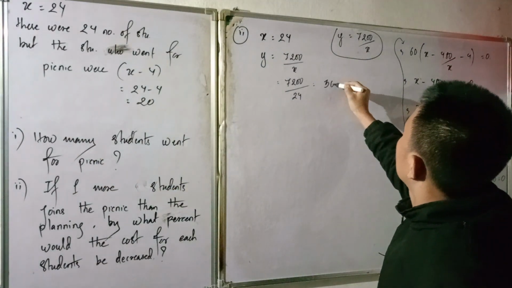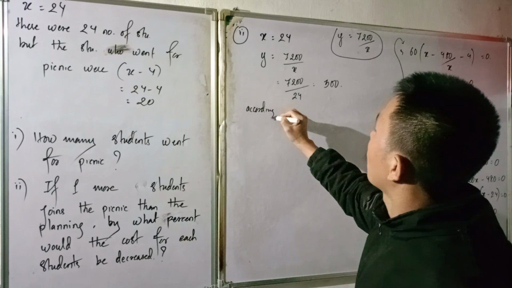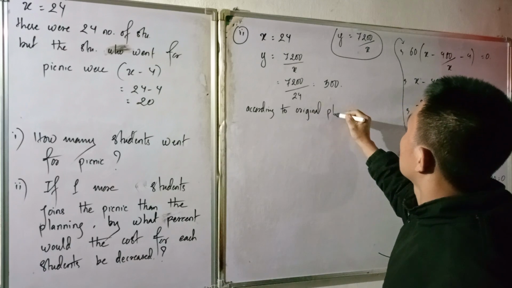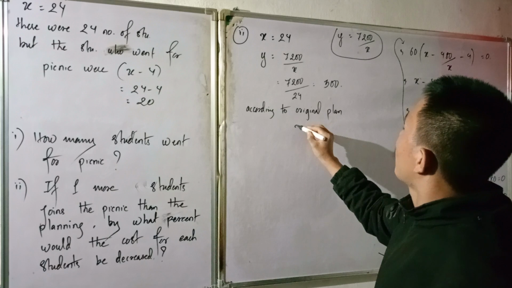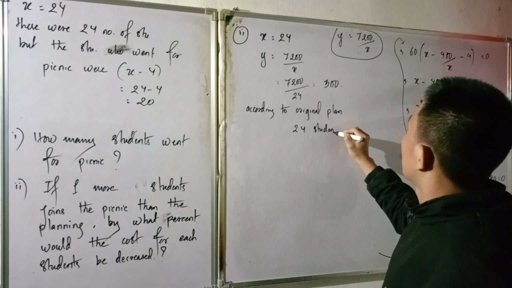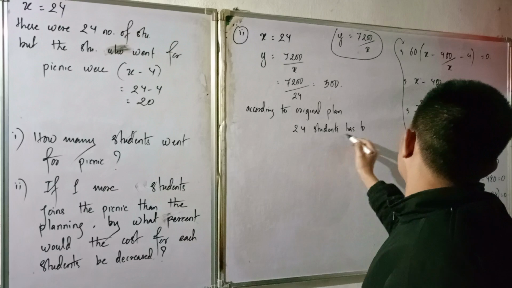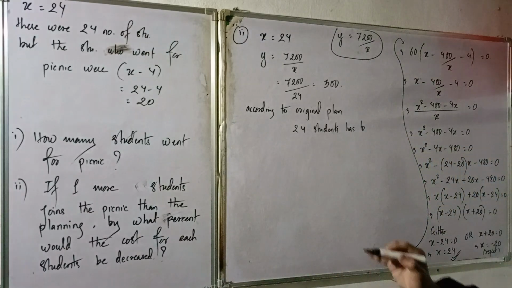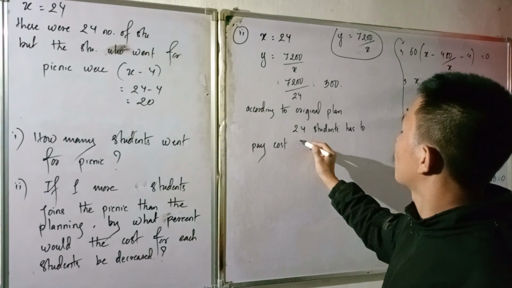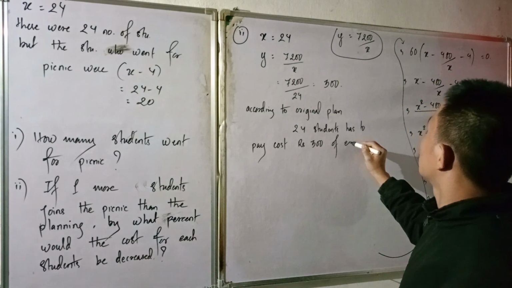So actually according to the original plan, 24 students have to pay rupees 300 each.